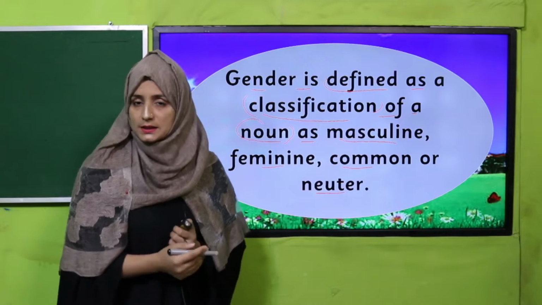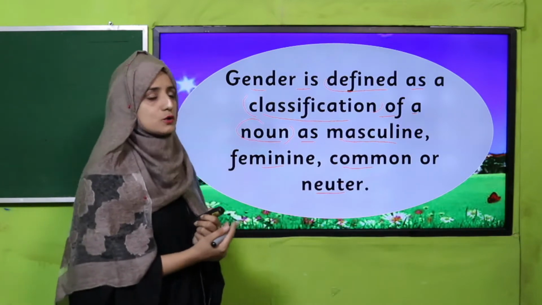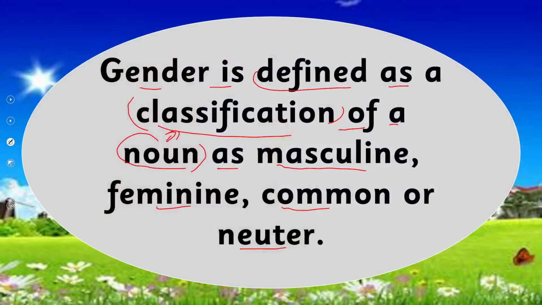The name of a person, place or thing all belong to nouns. When we classify these nouns by gender, we classify them into 4 categories: masculine, feminine, common and neuter.